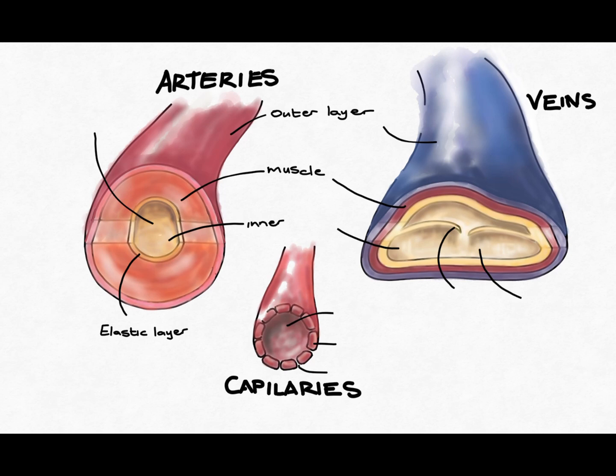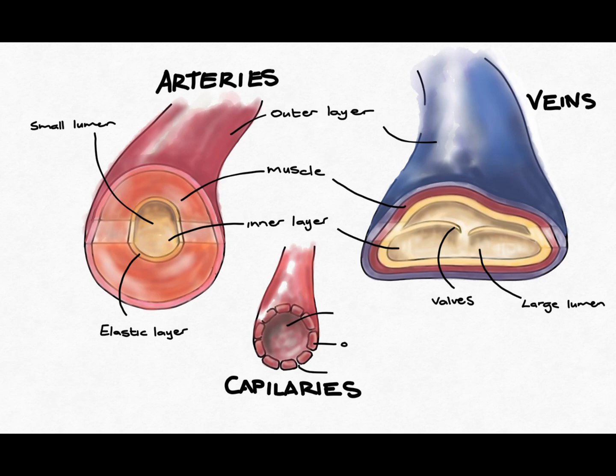Then both our arteries and our veins also have an inner layer, but our arteries have a very small lumen. Now the lumen refers to the hole inside of the blood vessel. Our veins, on the other hand, have a very large lumen and also contain valves that help blood to flow in one direction and prevent backflow of blood.